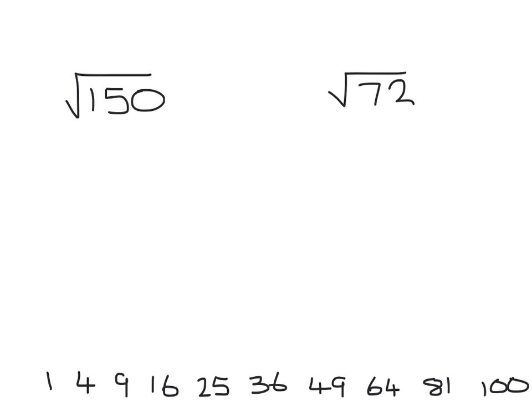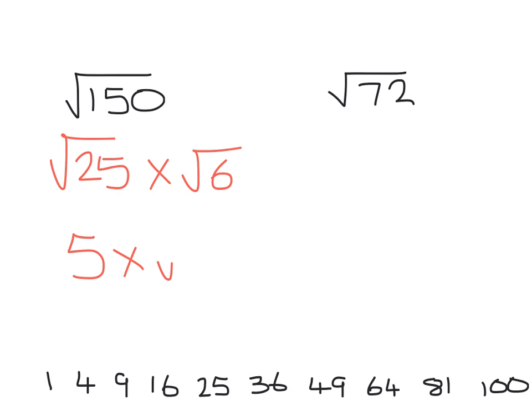So a square number that goes into 150: root 25 multiplied by root 6, as 6 times 25 is 150. So that's 5 multiplied by root 6, which is 5 root 6.